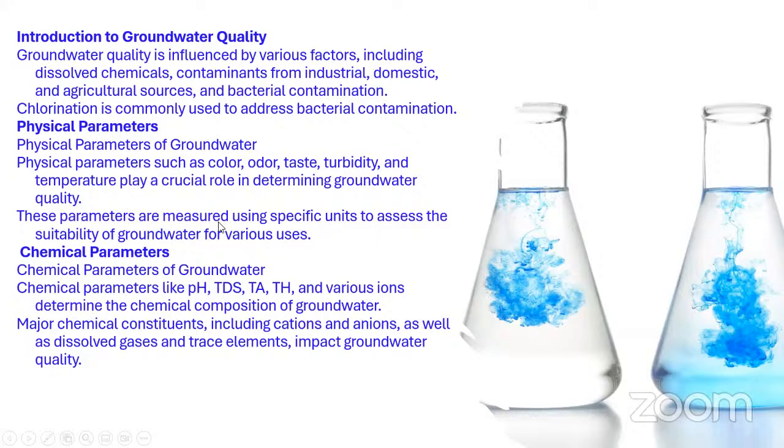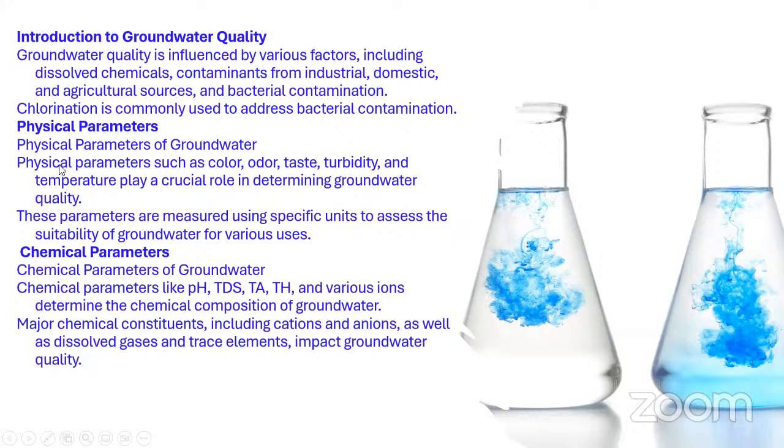Then there are chemical parameters of groundwater, like pH, TDS, which means total dissolved solids, total alkalinity, total hardness, and various ions, which determine the chemical composition of groundwater. Major chemical constituents, including cations and anions, as well as dissolved gases and trace elements, impact groundwater quality.